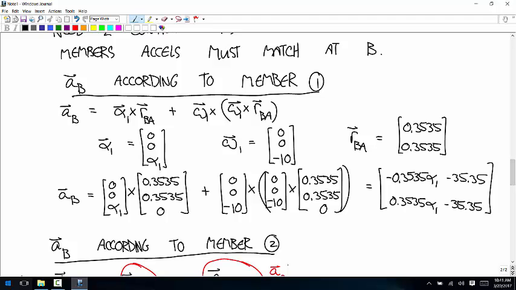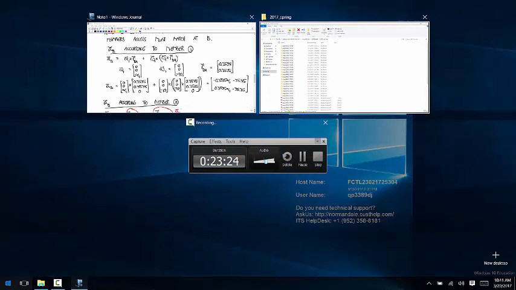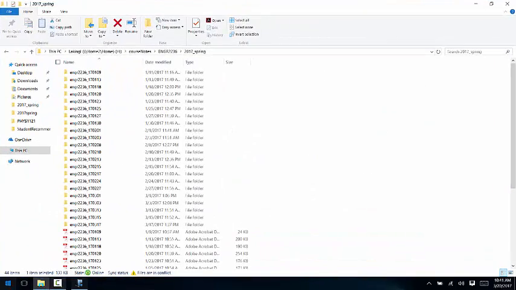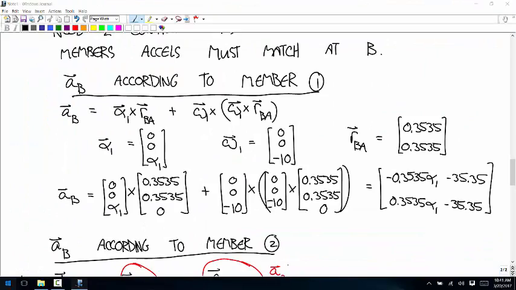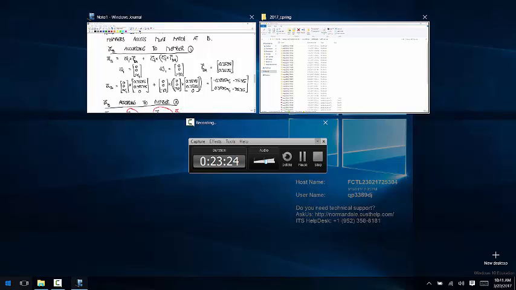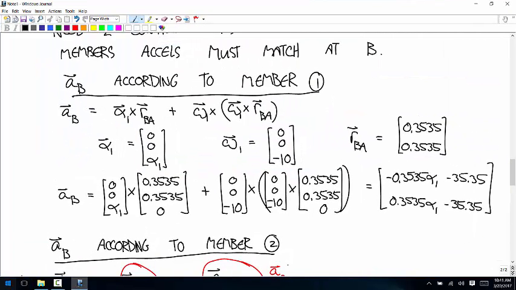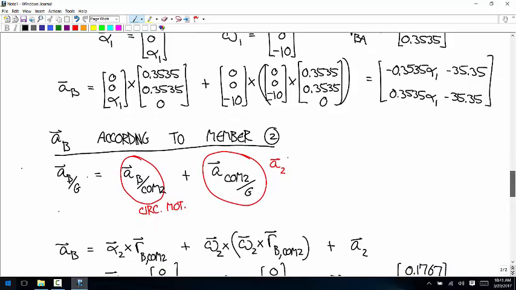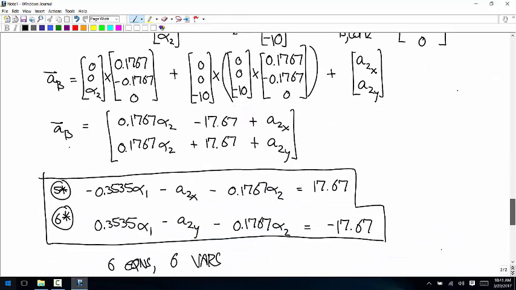Okay, so the constants are both negatives there.